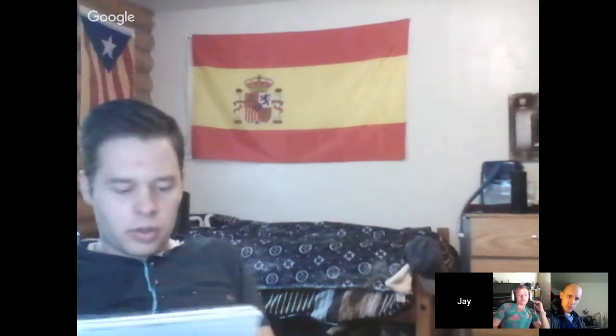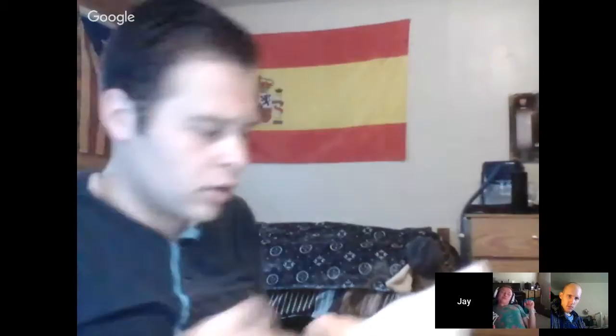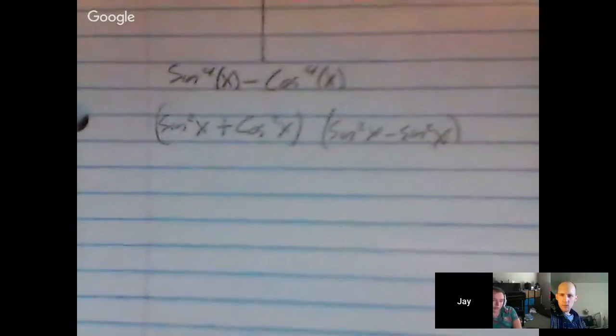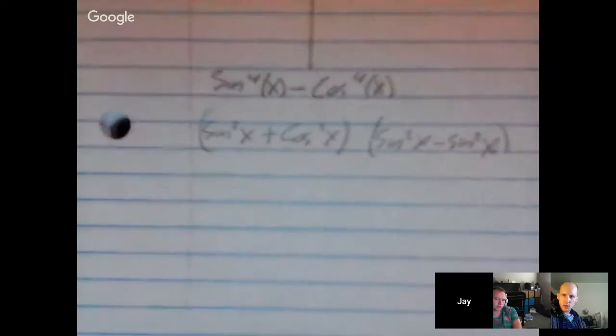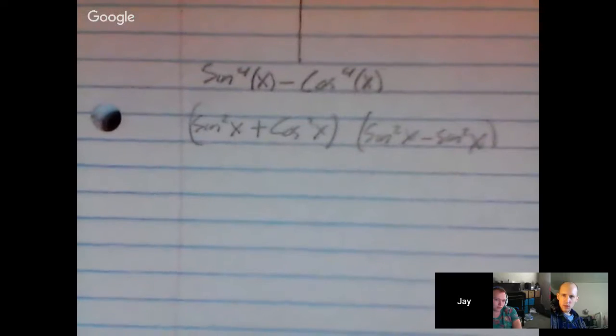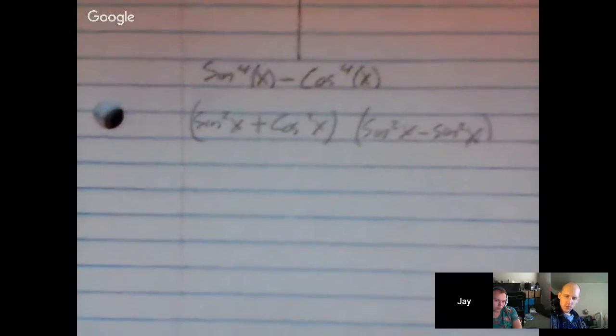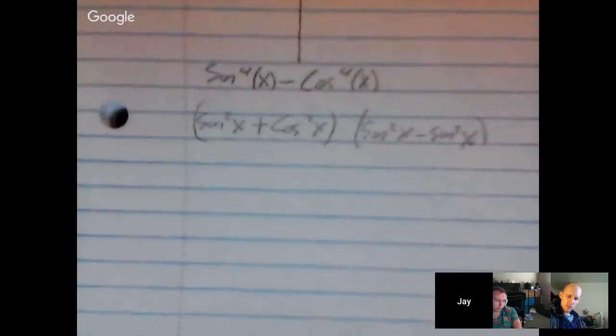Okay, so it simplifies to, yeah, okay, I have that as well. Now, one of those is the Pythagorean identity. So I think you just go 1 times the other one, just the negative one. So it'll just be the other one.